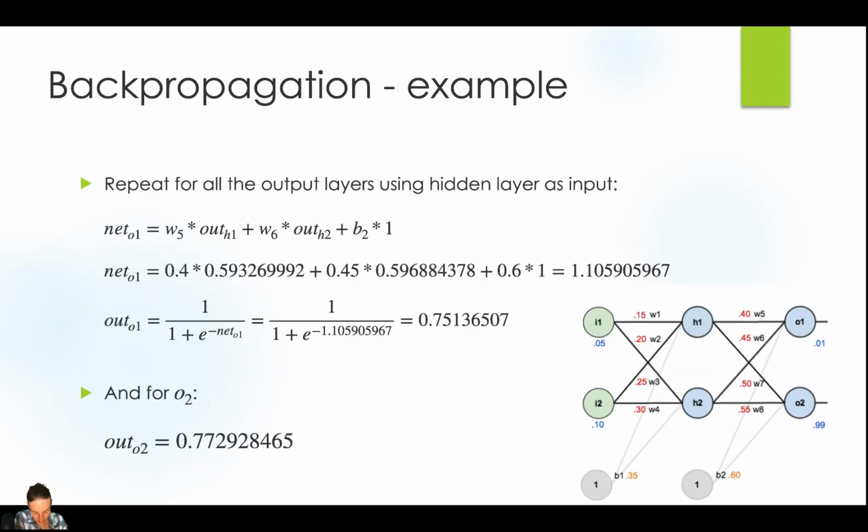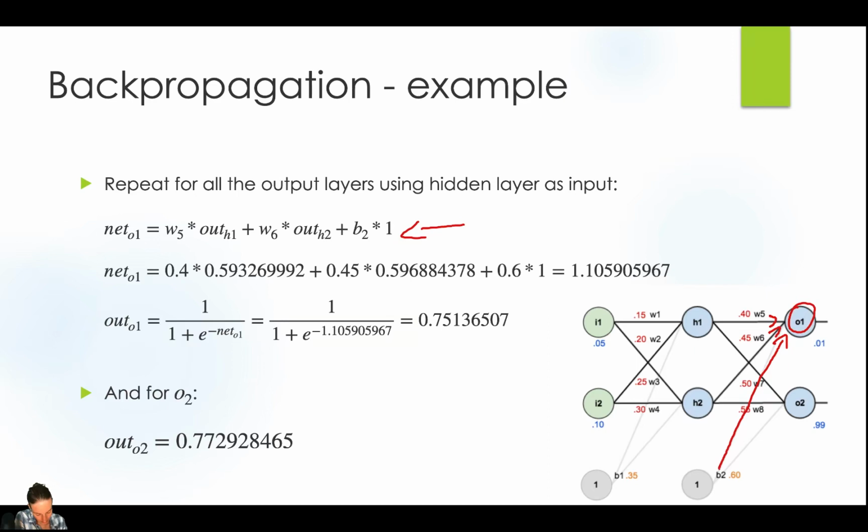Now we're going to repeat this for the output layer, using the hidden layer as input. So we start with the output layer node O1. This is basically a linear combination of W5, W6, and the bias B2. Again, all of this is plugged into the linear combination of input from all the previous hidden nodes.